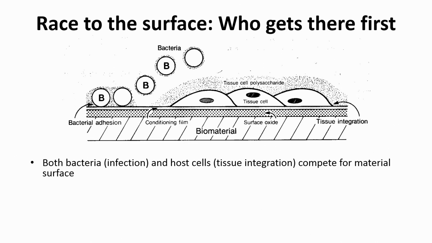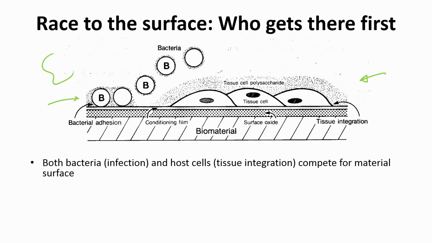And again, as I talked about, there is a race to the surface. Let us say here is a biomaterial that you are looking to implant in the body. It essentially boils down to who starts colonizing the surface first, the mammalian cells or the bacterial cells, because whoever comes first gets an advantage, as that cell can then adhere to the surface.